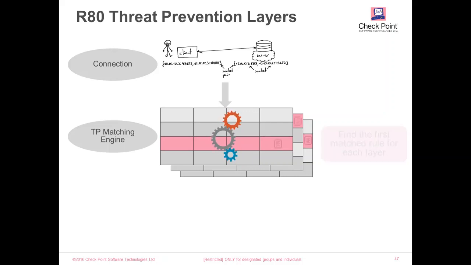And in this case, the traffic could match multiple different rules inside multiple different layers, since those layers have the same kind of protection scope. So we have a match on, for example, a specific source, a specific destination, a specific service, etc. Once that happens, we're going to have a certain number of rules where the traffic is matching, with a certain number of protection profiles assigned to these rules. For example, in this case, 3 different rules.